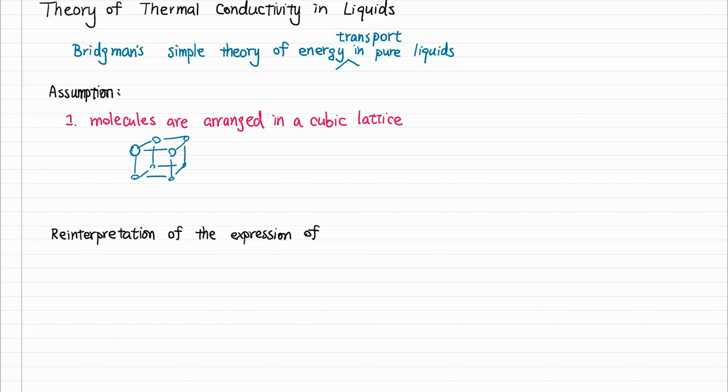Okay, and the center-to-center spacing, let's draw two cubic lattices. The center to center, meaning from the red dot to the red dot, this spacing is assumed to be given by the formula (V over N) to the 1/3 power.